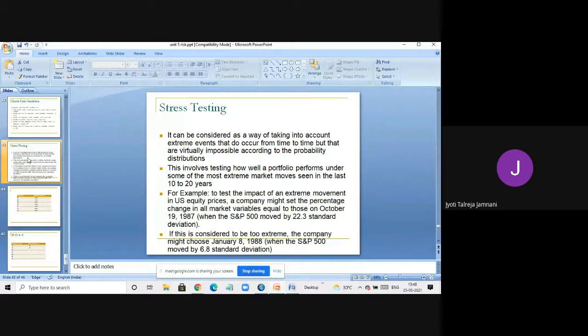For example, to test the impact of an extreme movement in US equity prices, a company might set the percentage change in all market variables equal to those on October 19, 1987, when the S&P 500 moved by 22.3 standard deviations. On that date in 1987, the S&P index, the US index, fell very drastically. That was the worst fall.